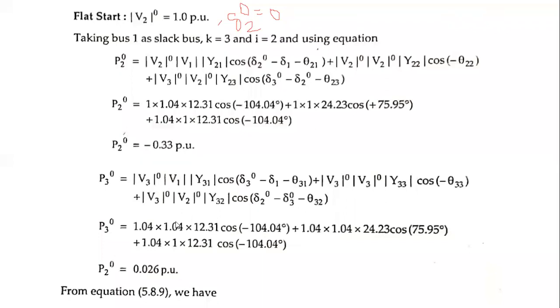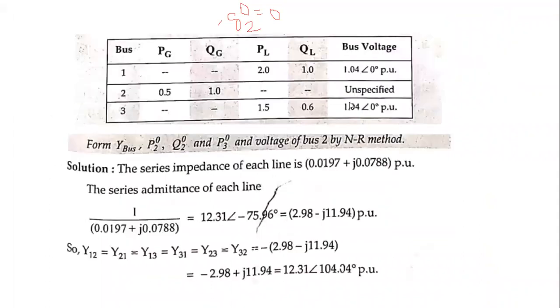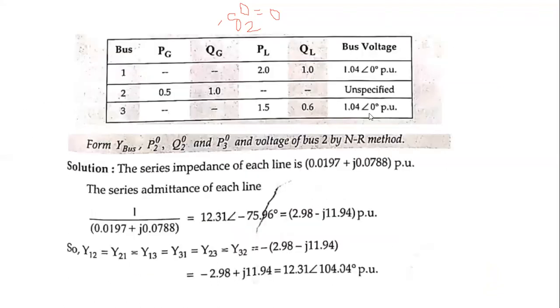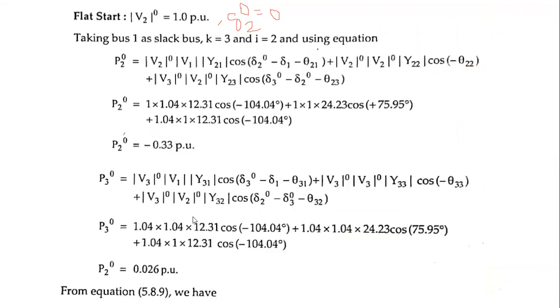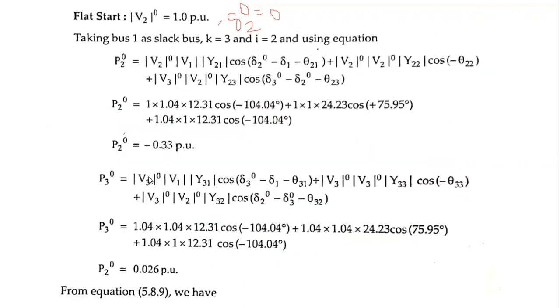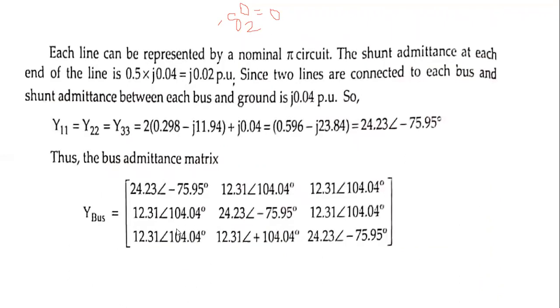Then substitute all these values. V3 power 0 equals 1.04, into V1, which is also 1.04.